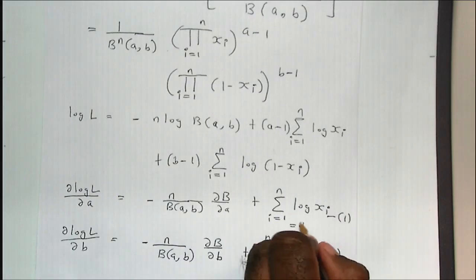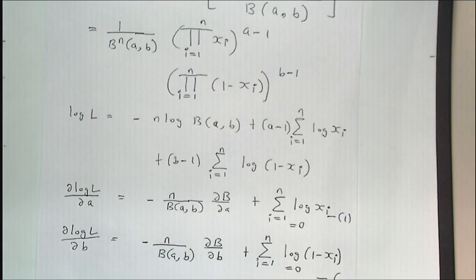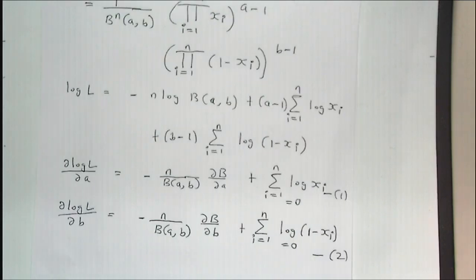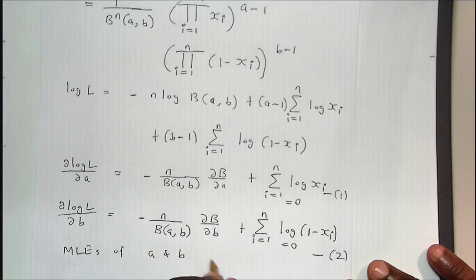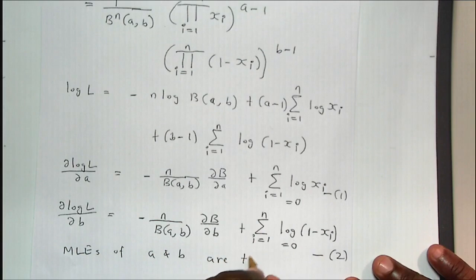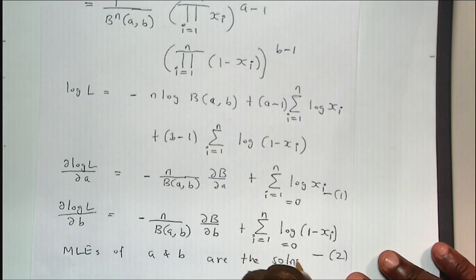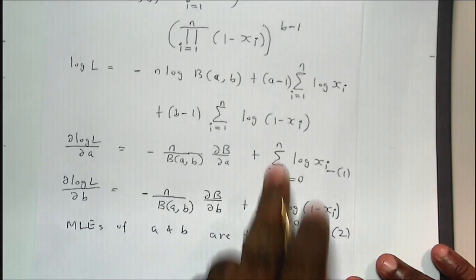Set this to 0, set this to 0, call this equation 2 and 1, right? So then the MLEs of A and B are the solutions of these two equations.